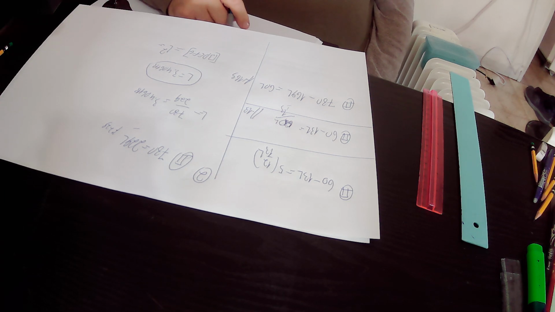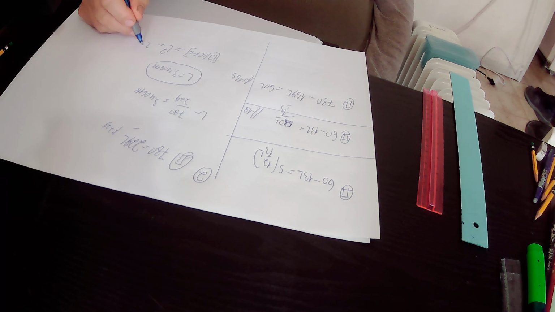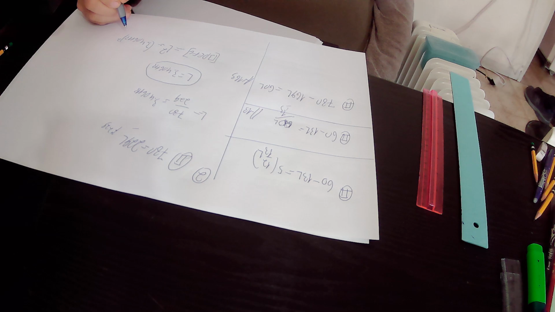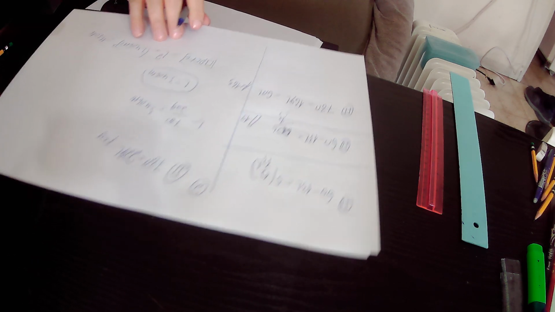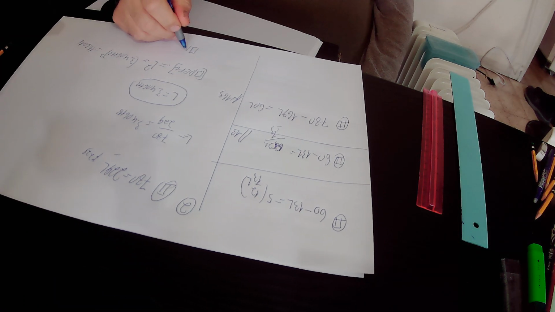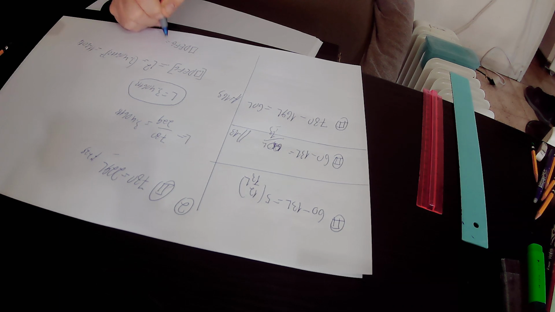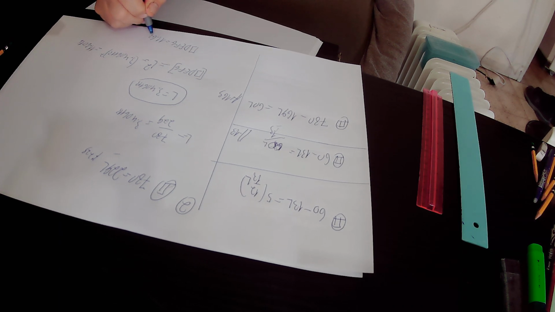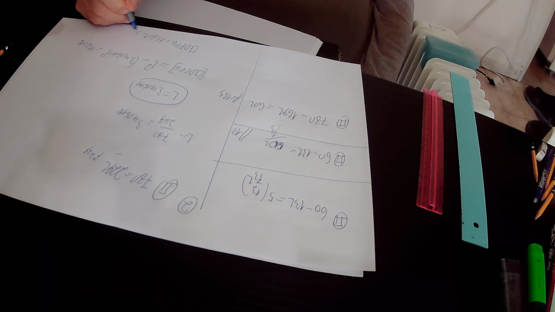We found out that L equals 3.406113, so L squared is 3.406113 squared, which equals 11.6016. So the area of square DEFG is equal to 11.6016 square units.